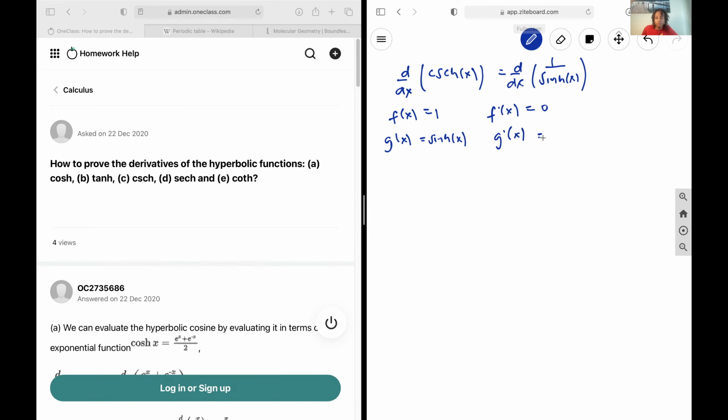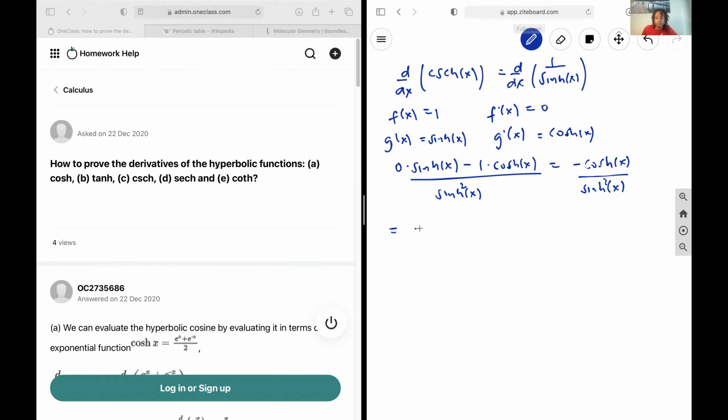And as we said before, the derivative of this is going to be equal to the hyperbolic function for cos. So we're just going to plug that all into the rule that we wrote before, so that it can become 0 into that minus 1 into that all over this squared, and that will become negative hyperbolic cos over hyperbolic sine squared.